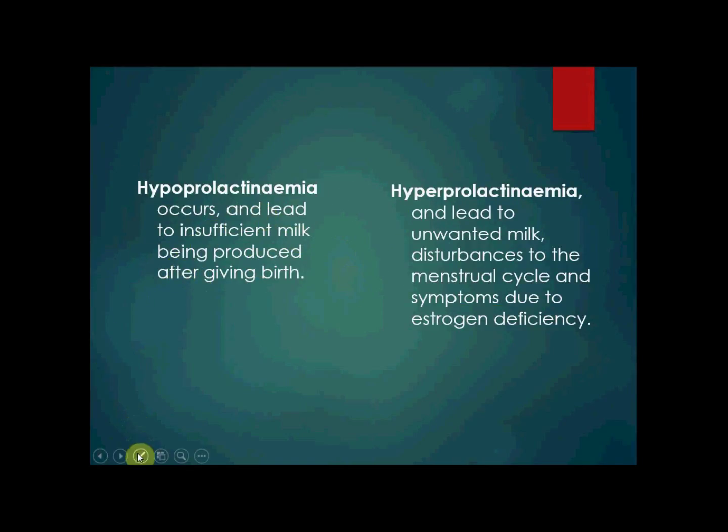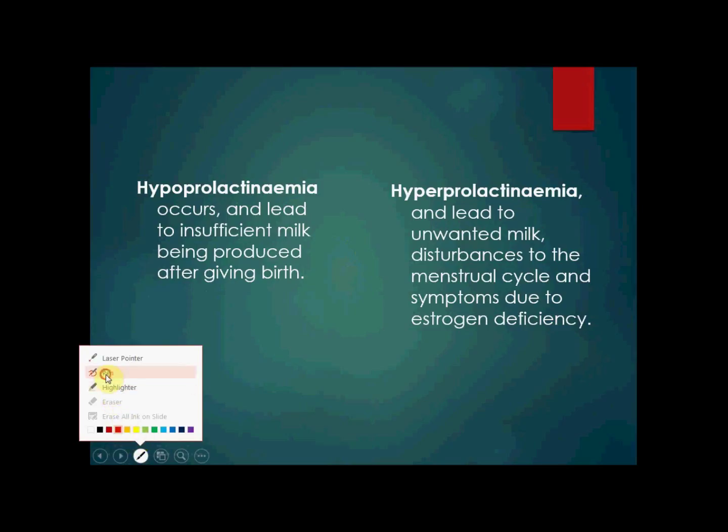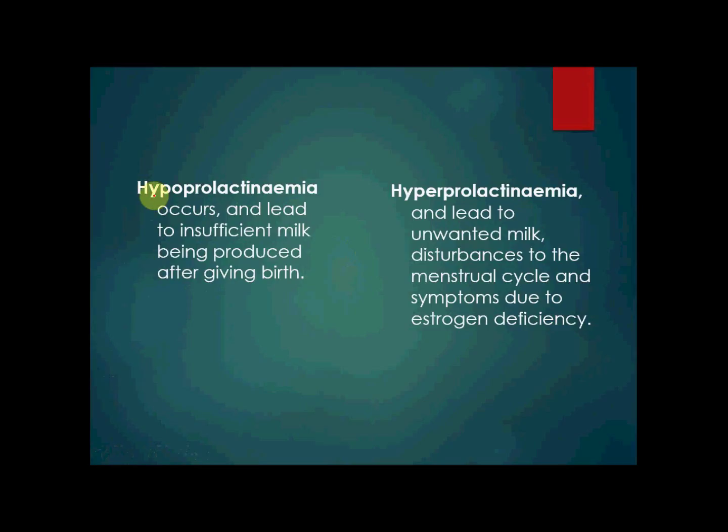Hypoprolactinemia. Now, in order to understand what it means, we are going to break it down into simple words. Hypo means low. Prolactin is the name of the hormone, and emia means blood. So hypoprolactinemia means that prolactin hormone is reduced in blood.